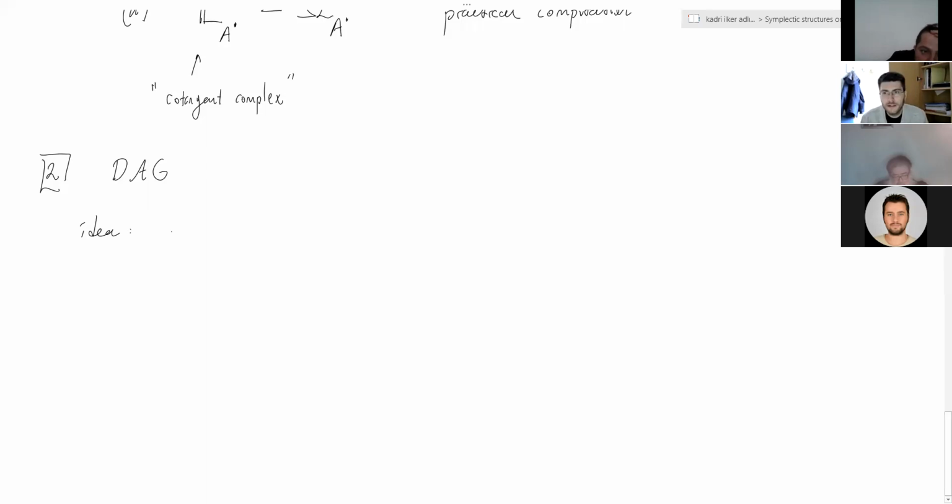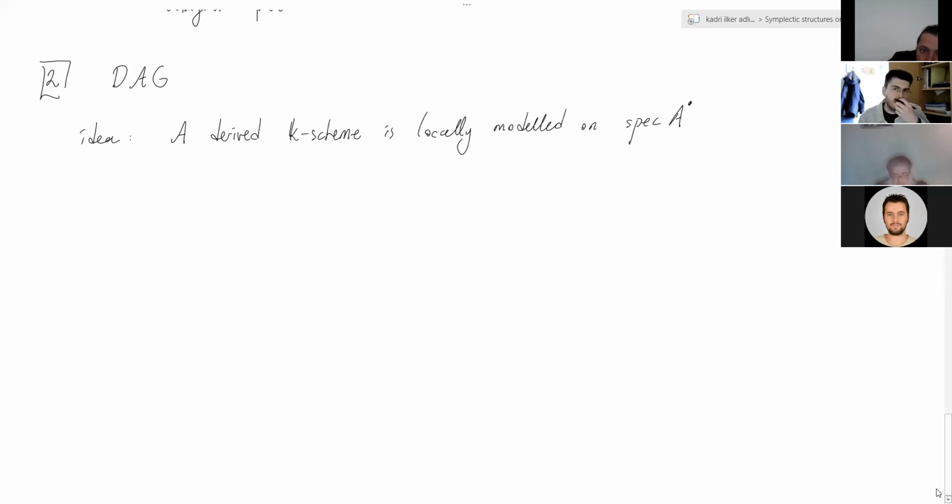Similar here: a derived K-scheme, let's say, is locally modeled on Spec A dot. Okay, so the same idea, we just generalize the usual algebraic geometric notion.